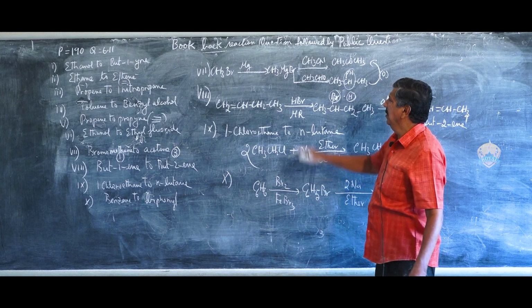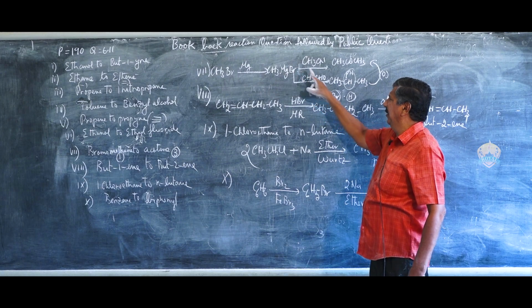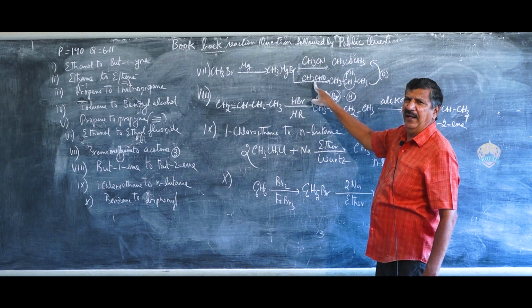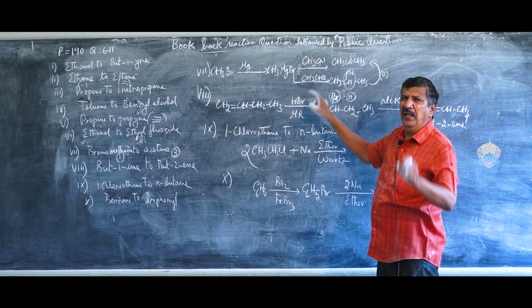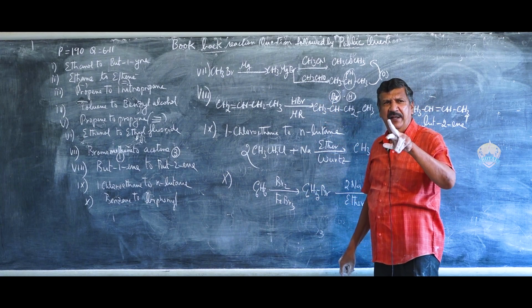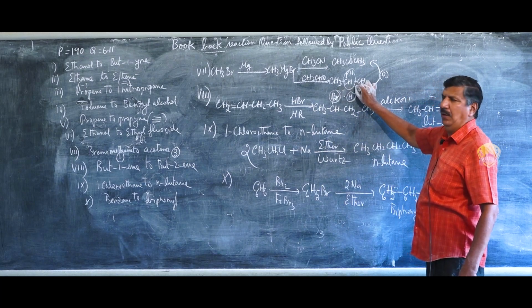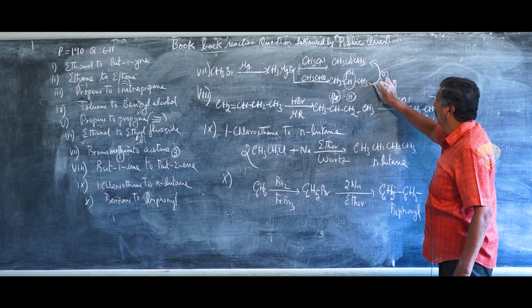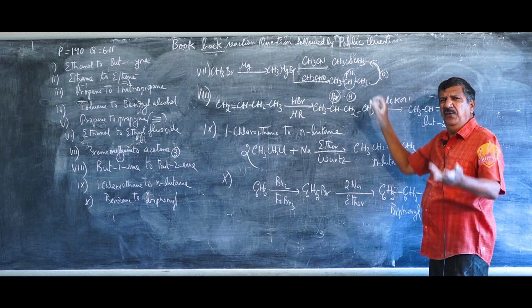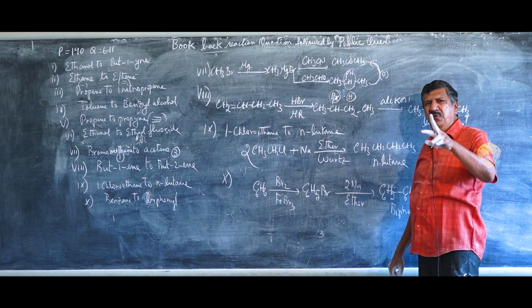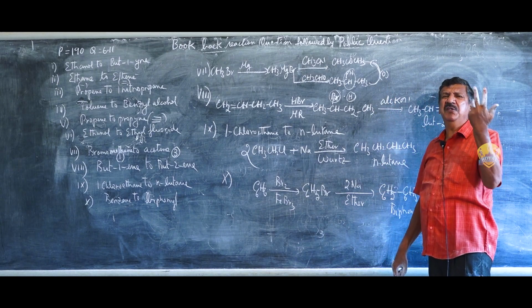What concept? Treating the Grignard with acetaldehyde gives a 2 degree alcohol, isopropyl alcohol. Isopropyl alcohol on oxidation gives acetone. Those are the two ways. You decide which is easier.